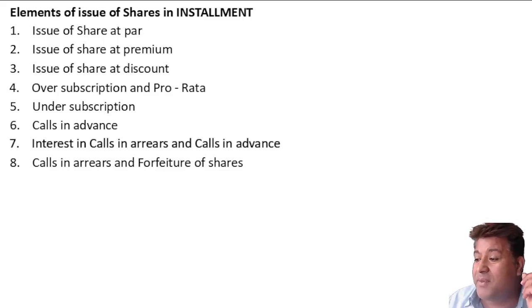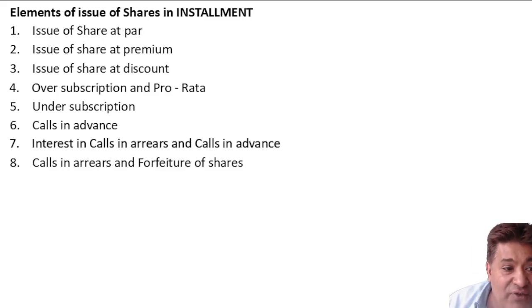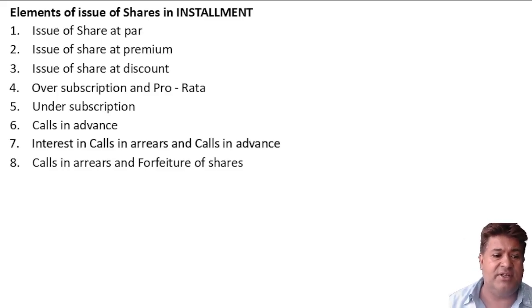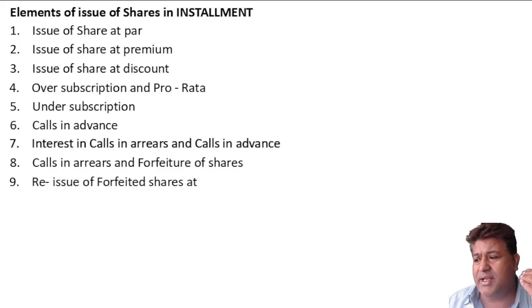The company will not return your money. So that is called forfeiture. If someone doesn't pay the full money, then by law the company can forfeit those shares and keep that money. For that also we need to make the journal entries.